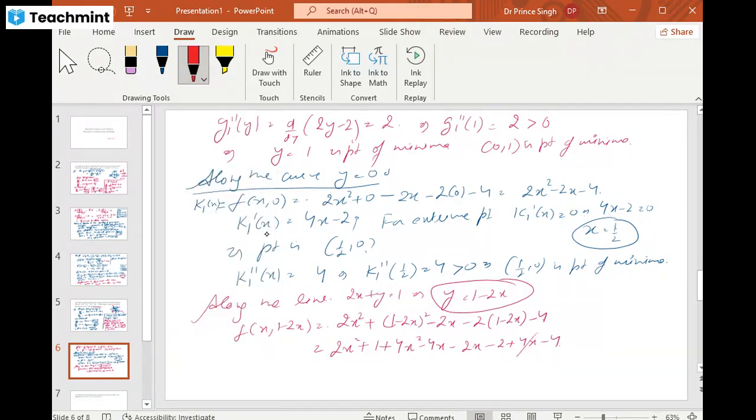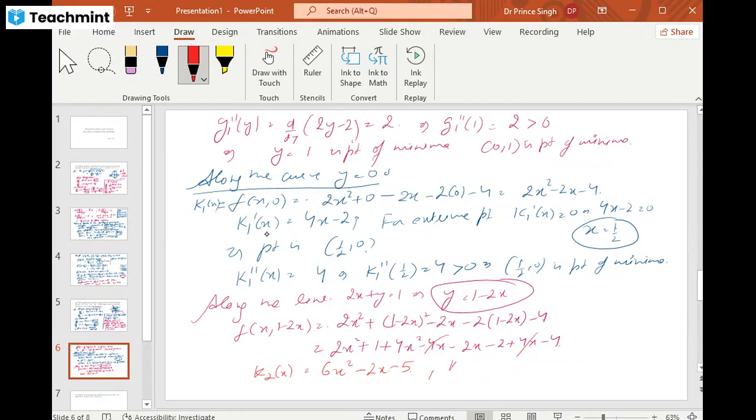Here 4x and 4x get cancelled out. So the constants are 1 and minus 6. Let this be k2(x). So it is equal to 6x square minus 2x, and 1 minus 6 is minus 5.